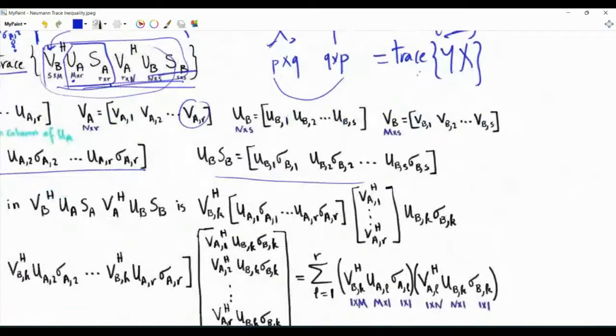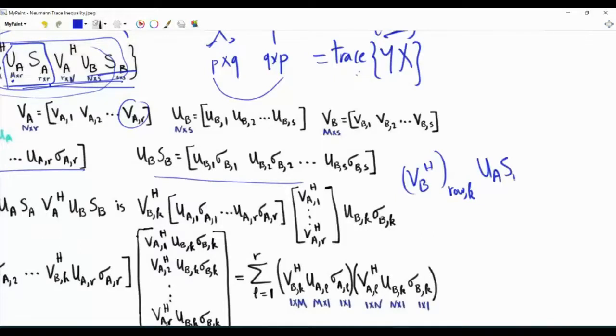To obtain element KK, we will need the kth row in this matrix VB Hermitian, and then we will need those middle guys, UA, SA, VA Hermitian, and then from UB, SB, we will need the column K. If we take the kth row in matrix VB Hermitian, multiplied by the matrix UA, SA, VA Hermitian, and then multiply this by the kth column in UBSB, then this will be element KK. And to obtain the trace, we will later sum K from 1 to S.